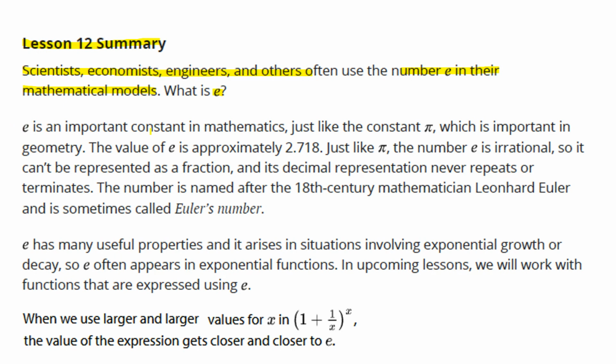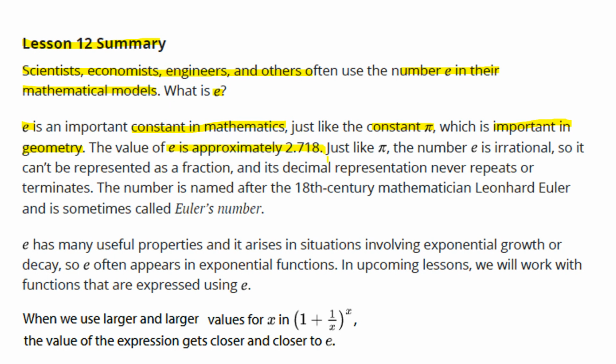So e is not pi, but e is like pi because they are both constants. And we know that pi is a very important number in geometry. So e is a very important number in, for example, algebra, in different exponential equations.